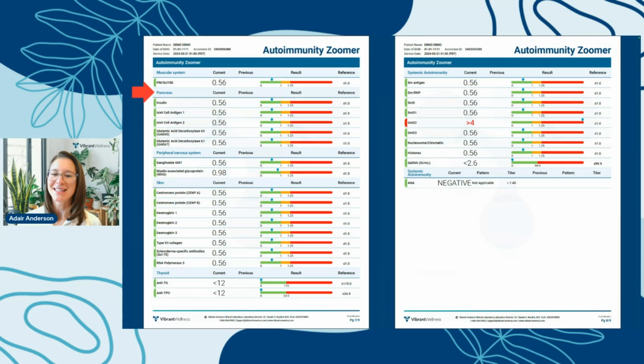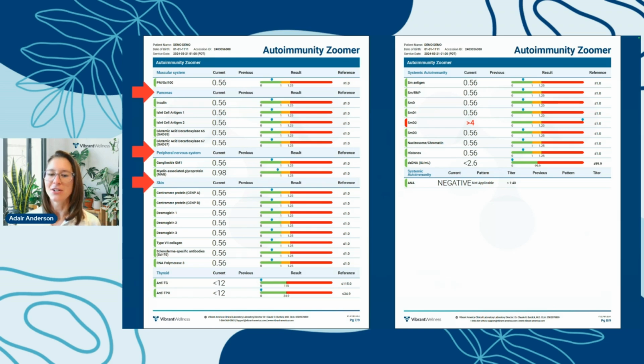The 5 antibodies against the pancreas include anti-insulin, islet cell antigen 1 and 2, which are early indicators of type 1 diabetes, and 2 GAD antibodies associated with type 1 diabetes and also neurological disorders. The peripheral nervous system markers GM1 and myelin-associated glycoprotein are associated with autoimmune neuropathies, but GM1 is associated with Guillain-Barré syndrome specifically.